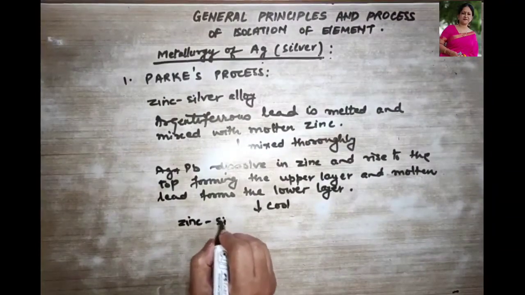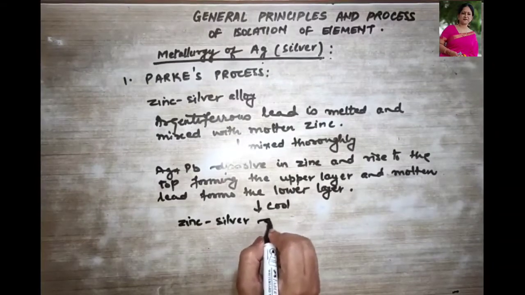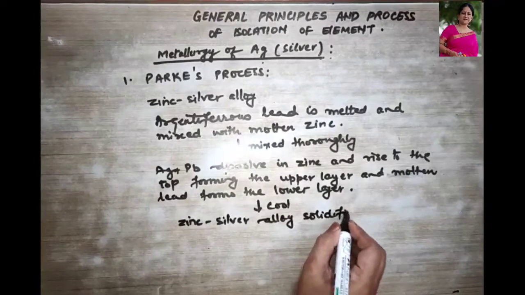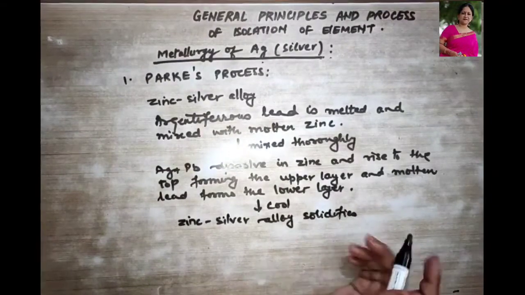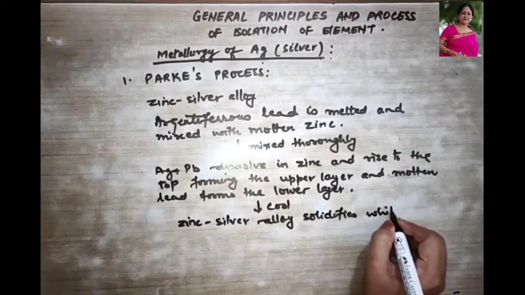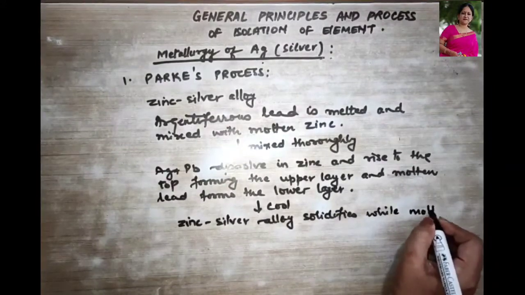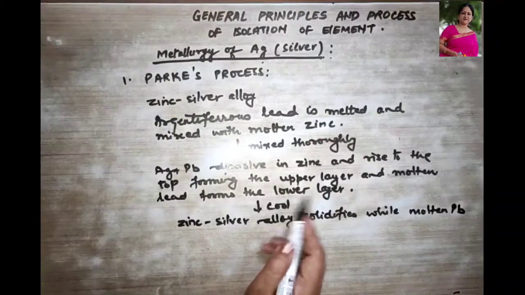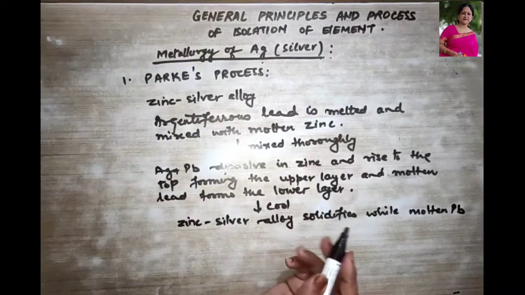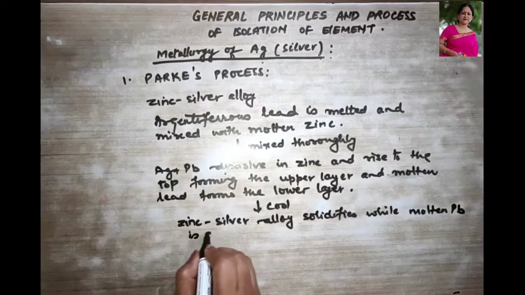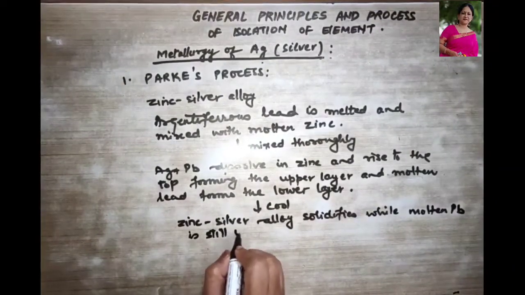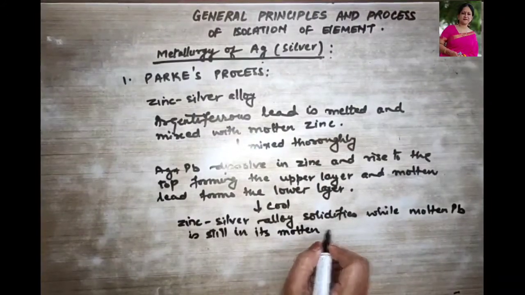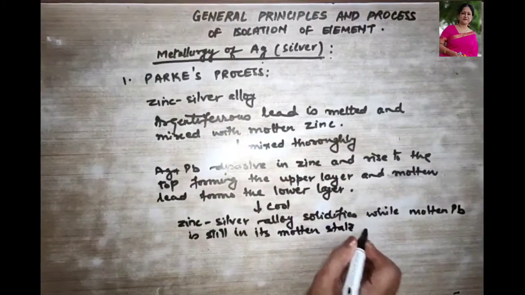Zinc silver alloy solidifies, right? While what happens? While your molten lead, which is your lower layer, is still in its molten state, right?